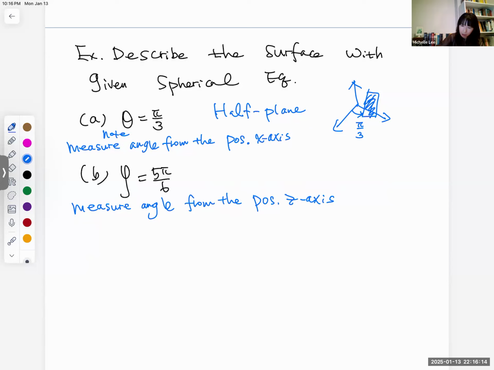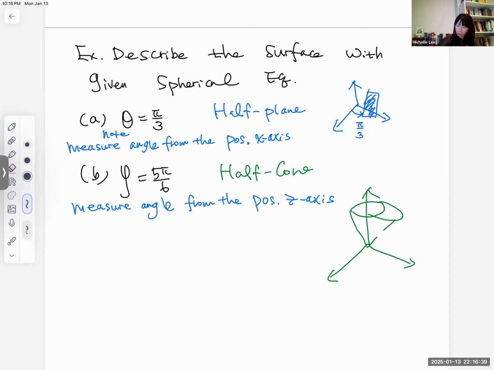So this is a half cone. So this is 5 pi over 6.